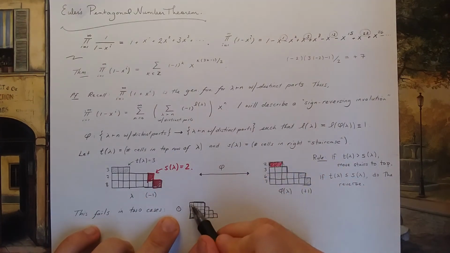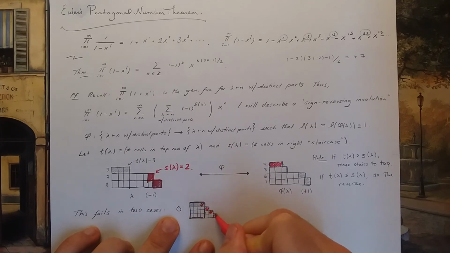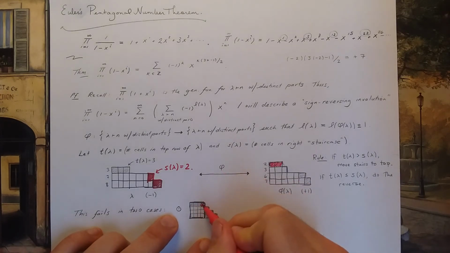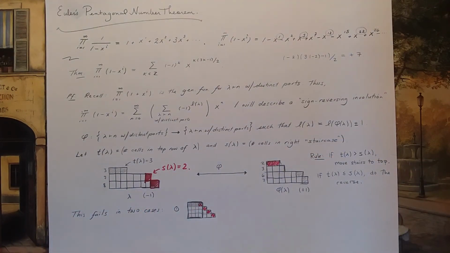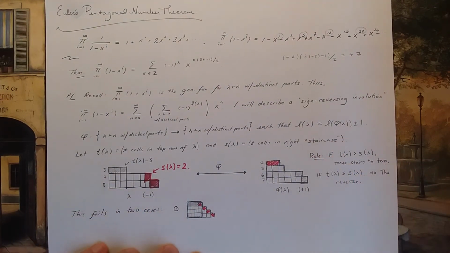Why? In this case, the top is, in the picture, 4 cells long. And the stairs are also 4 cells long. So the stairs here are length 4, the top is length 4. If you try to perform one of these operations, neither one will work.